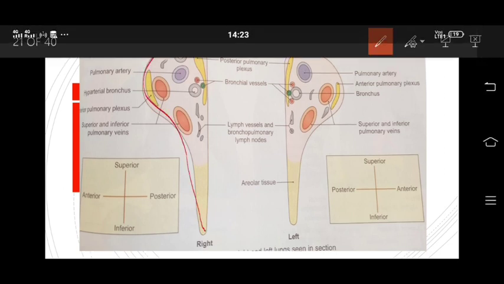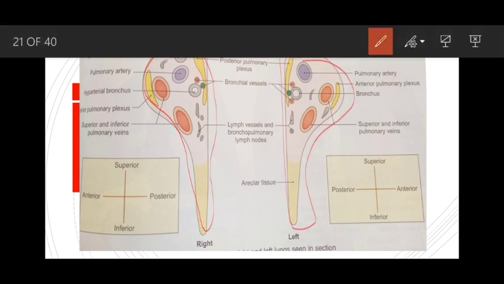The contents of the root are made of the following structures. This is the bronchus, the hyparterial bronchus, and this is the bronchus. Pulmonary artery, superior and inferior pulmonary veins, lymph vessels and lymph nodes, bronchial vessels.